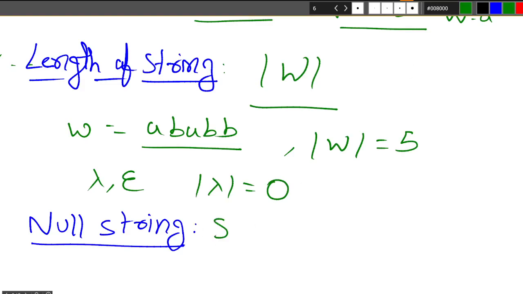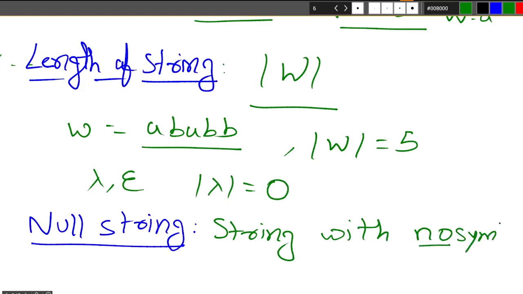A string with no symbols. It can be represented sometimes with lambda or sometimes with epsilon. So the length of this epsilon will be 0.